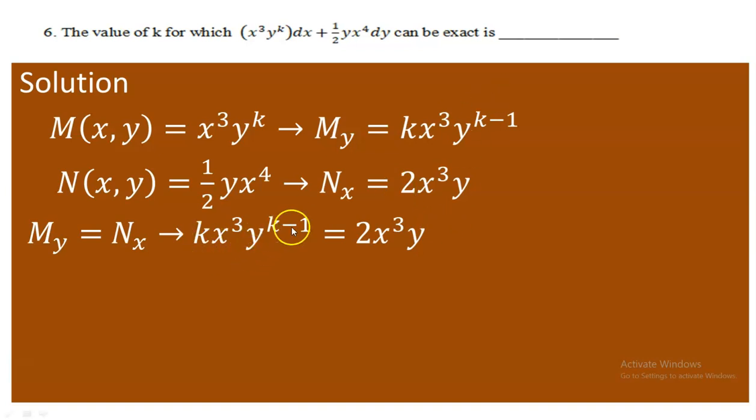So k y to the power of k minus 1 equals 2 times y. So the value of k can easily be directly obtained from this one. It is 2, and it agrees with the 2 here, because 2 minus 1 is 1. So even if it's not written, the exponent here is 1. So the value of k is going to be 2, as you see. So for this differential equation to be exact, necessarily the value of k must be 2.